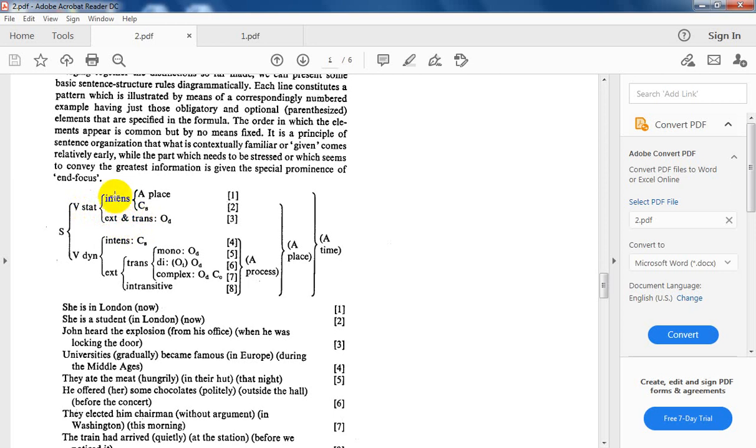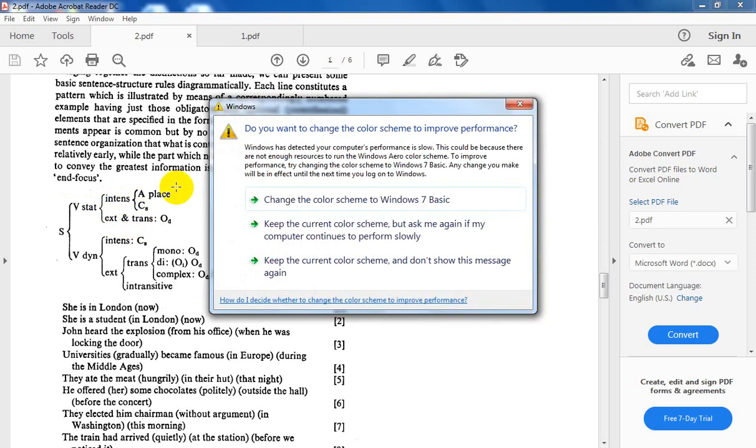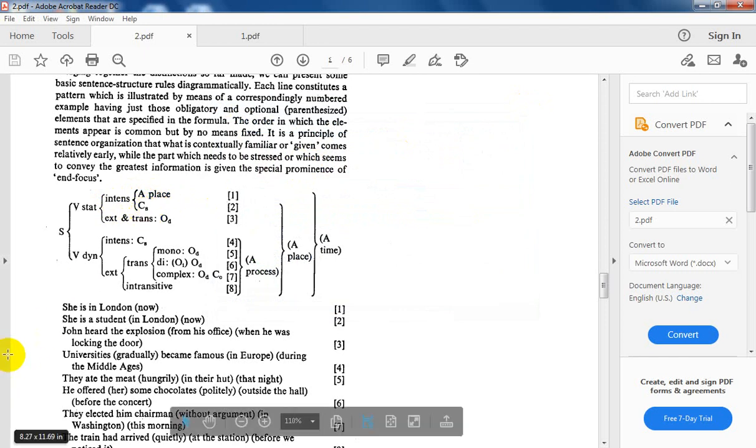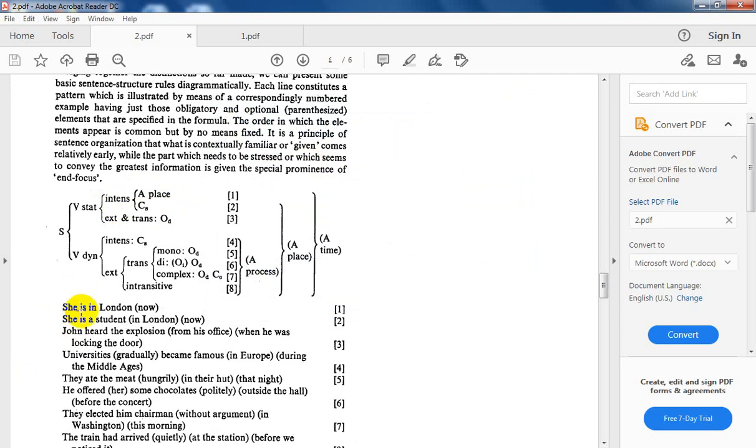In the case of an intensive stative verb, there is a complement, a subject complement. It can be an obligatory adverbial of place or a subject complement. Let's see the first example. She is in London. She is the subject, S. Is is a stative verb, the be verb.